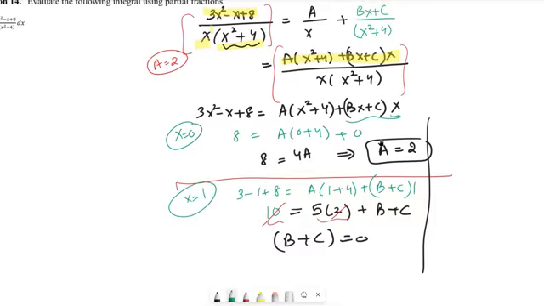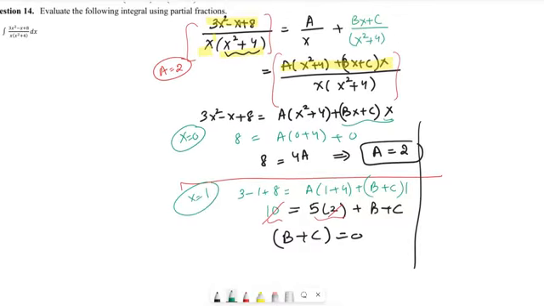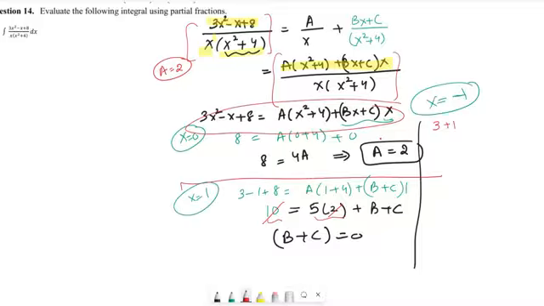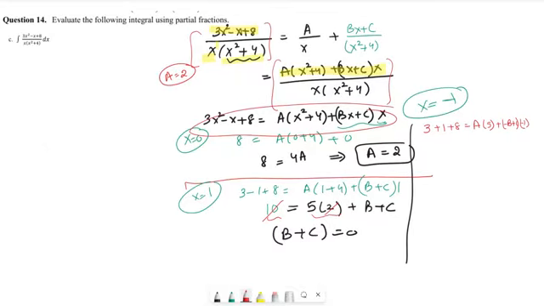So we didn't find b or c from here. We need another x value. We can pick any number, but pick something which is easier to handle. Let's pick -1. When I put -1 in the same equation one more time: 3 times (-1) squared plus 1 plus 8 equal to A times ((-1) squared plus 4), which is 5, plus (negative b plus c) times -1.